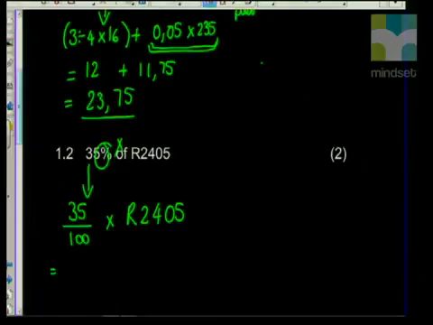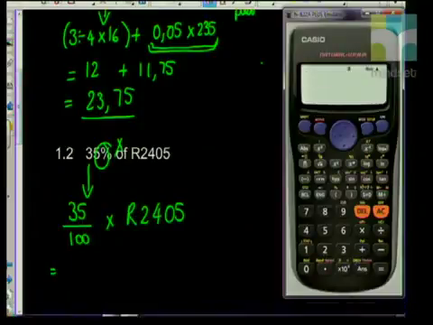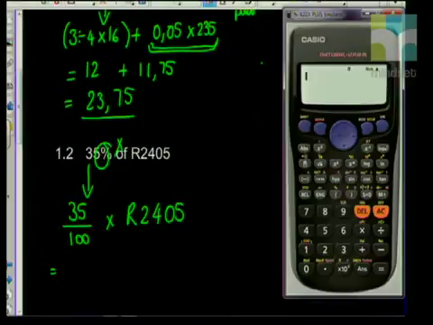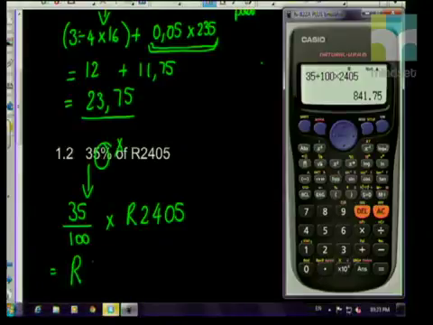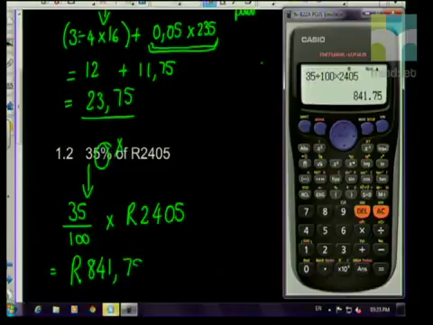So I would then get up my calculator. I would then say 35 divided by 100 times by 2405, and make sure it's in decimal form so I can write it as money, and should give me 841 Rand and 75 cents.